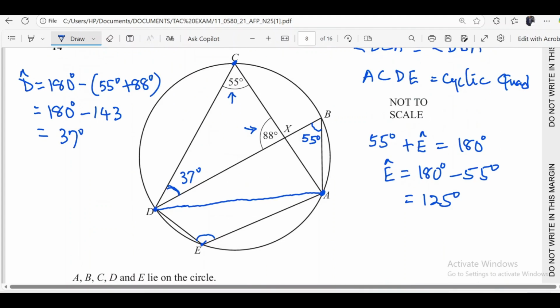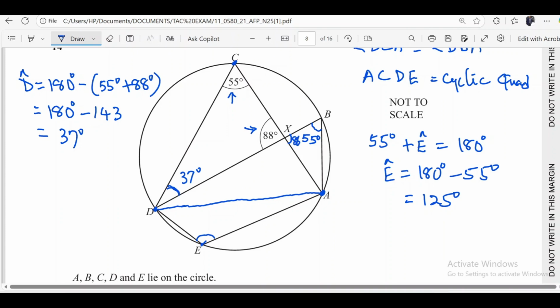Now if we go back to the diagram to fix all of this, this is the diagram here where we are told that triangle CSD is similar to triangle BSA. Now this angle S in triangle BSA is also 88, vertically opposite angles.